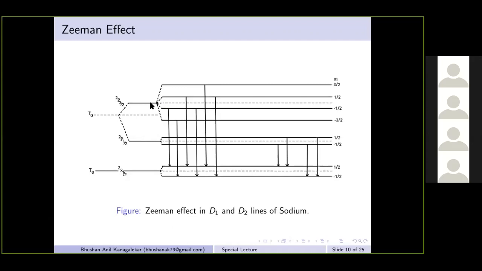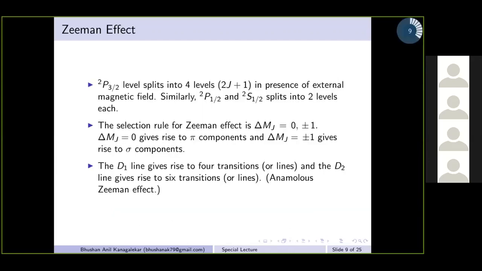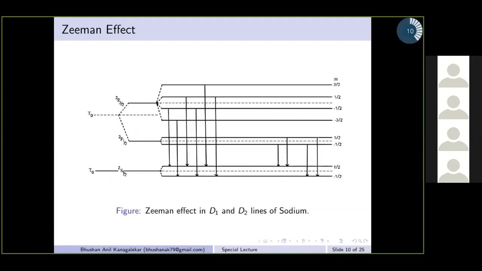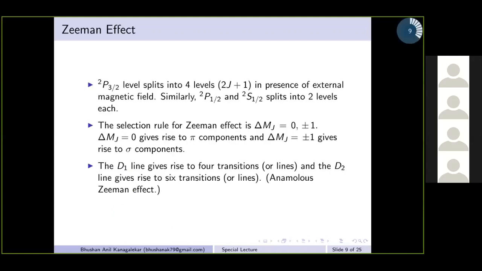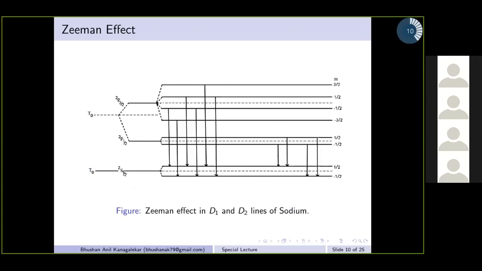This 2P3/2 will split into 4 levels, 2J plus 1. This 2P1/2 will split into two levels, 2J plus 1. So this will split into 4 levels, this into 2 levels, this into 2 levels.